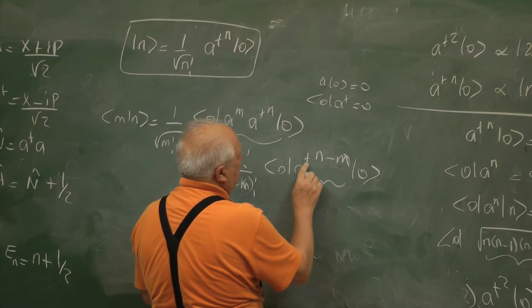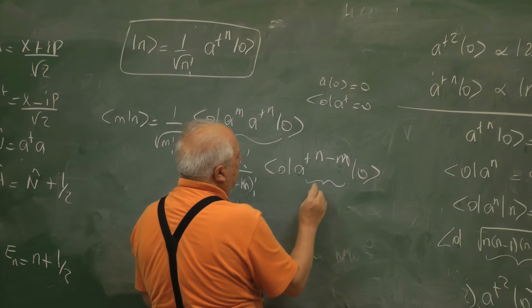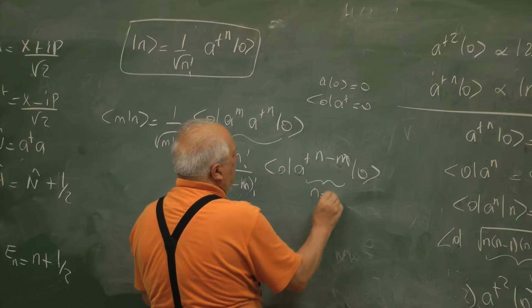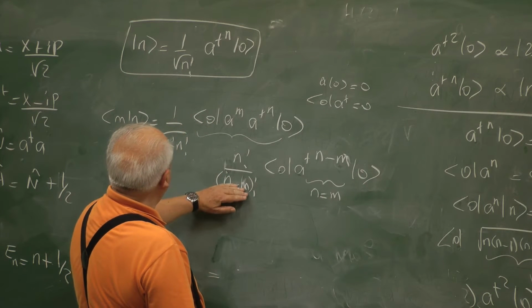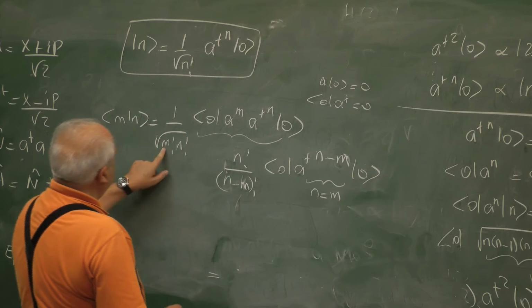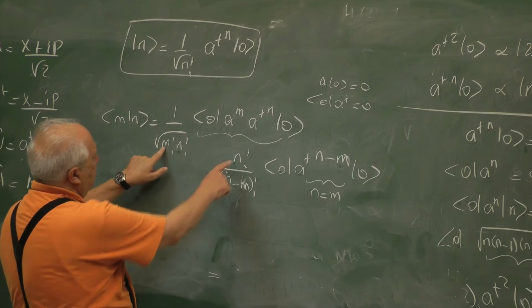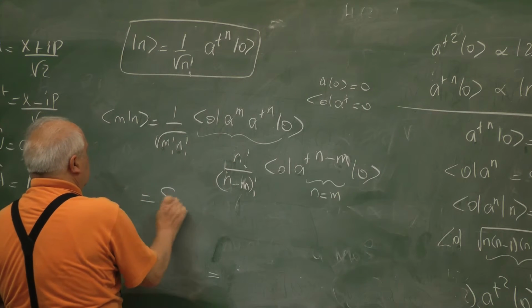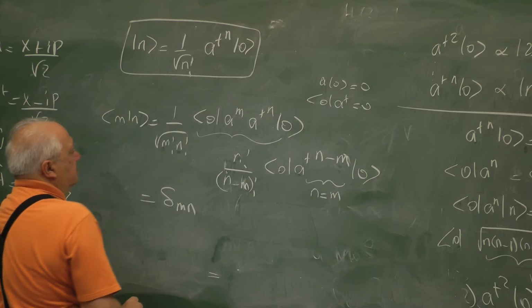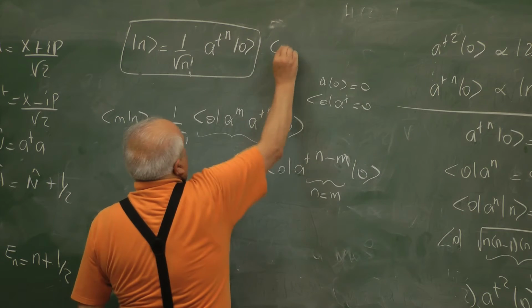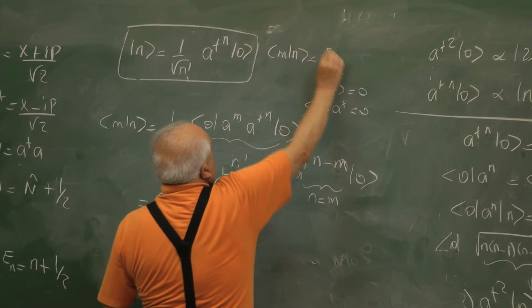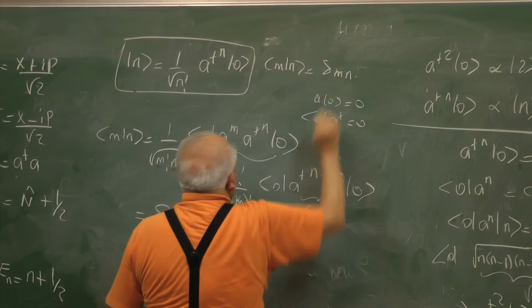In that case, a dagger to the 0 is 1. So we need n equals m. So if n equals m, this is 0 factorial. And m is equal to n. So these cancel. Therefore, the result is delta mn. So these states are orthonormal. Mn is equal to delta mn.